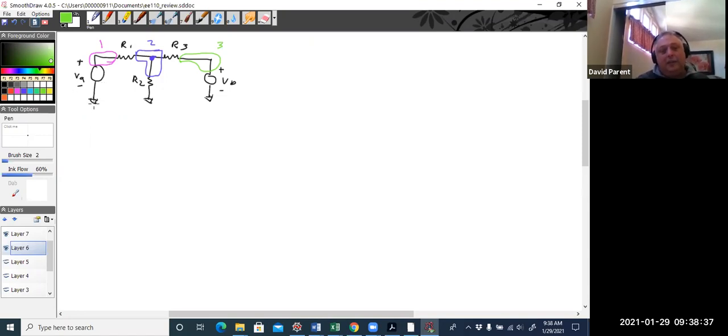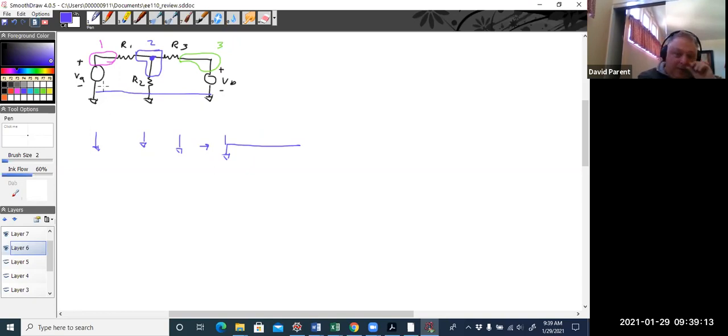And here's the thing. I've drawn it like this, but that is a shorthand to say everything is tied to that spot, ground. So this kind of thing is really, I could replace it with a single wire, right?